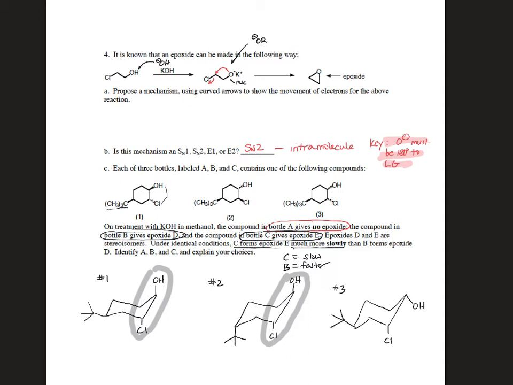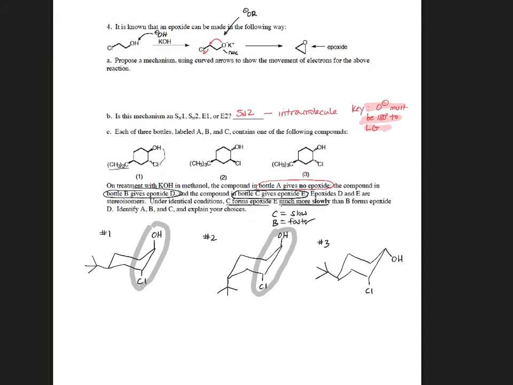Look at number 3. I don't have it there. Those are not 180 degrees apart. And so this number 3, since these two right here are not 180 degrees apart, and the Cl would have to be axial in order to get something 180 degrees to it, this is not going to work.